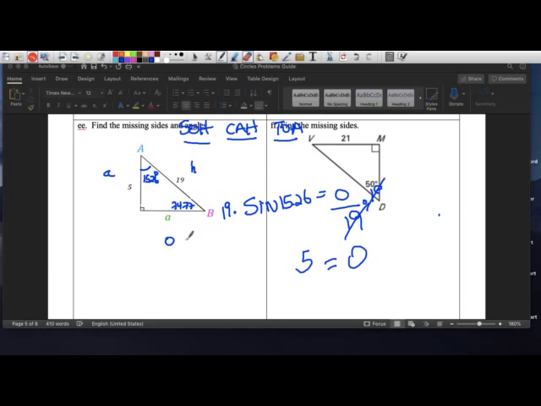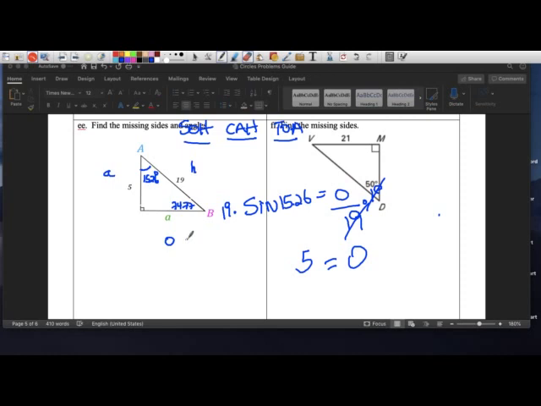What did we do wrong here? That's okay. So opposite over hypotenuse. Did I multiply something wrong? Times 15.26 sine equals 5.